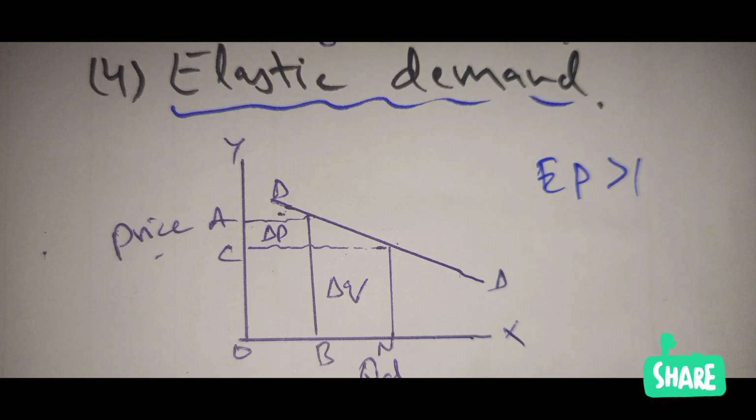Here EP, price elasticity of demand, is equal to 1.